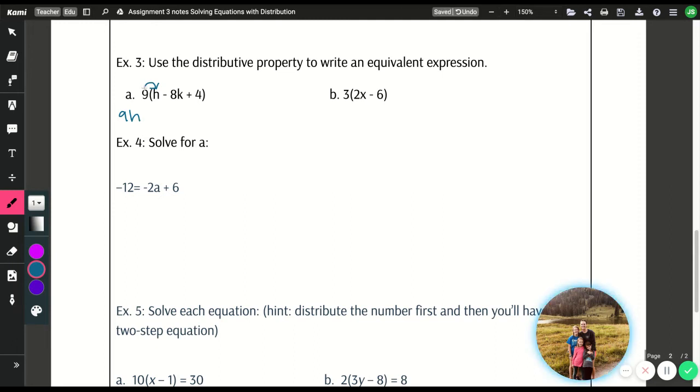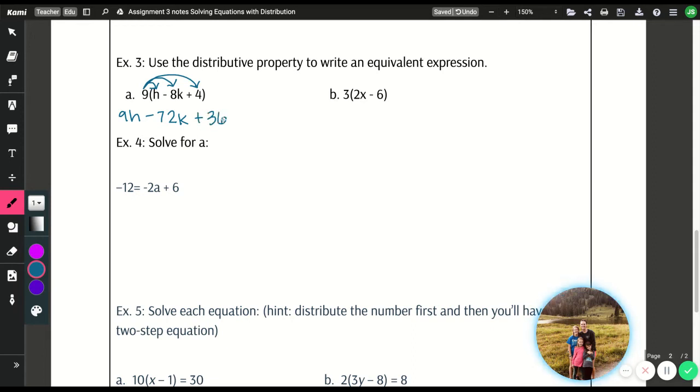Then we're going to distribute it to the next term and multiply 9 times negative 8 is negative 72, and that has a k. So negative 72k. And the last term, multiply 9 by the 4 and get 36.